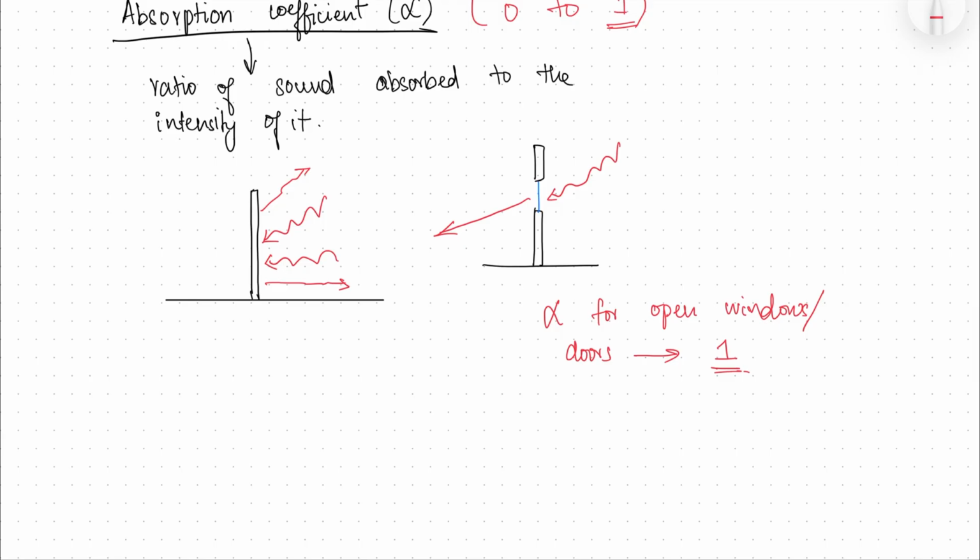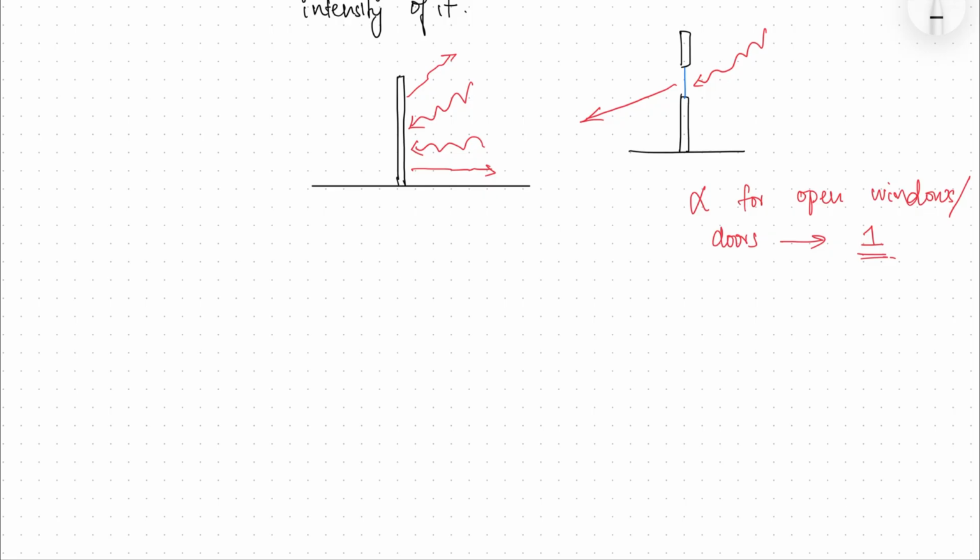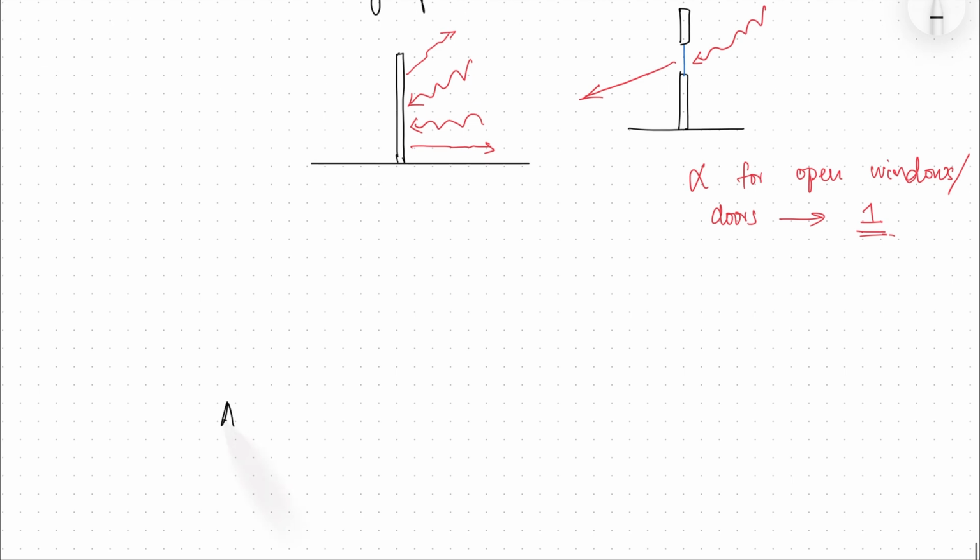Okay, and there are also different types of absorbing surfaces. So you have acoustically reflective surfaces, right?